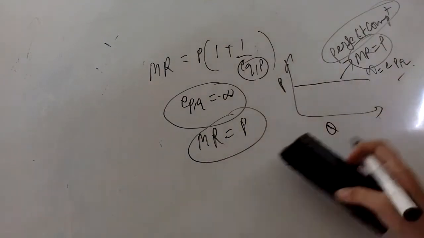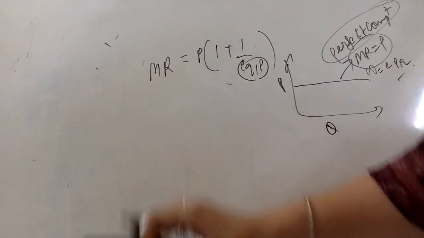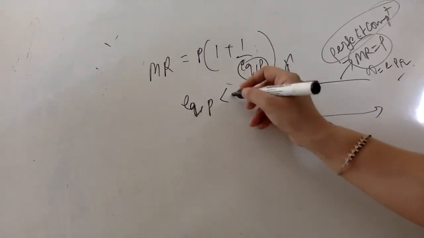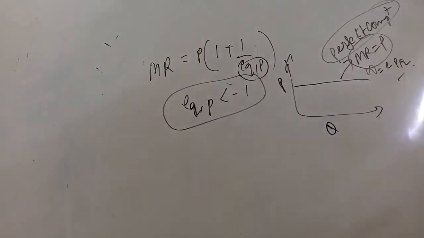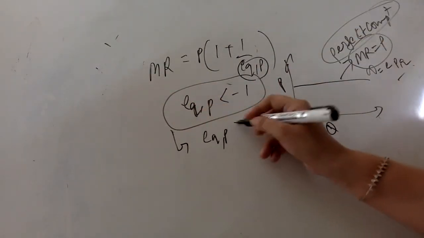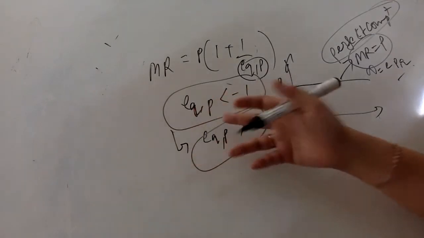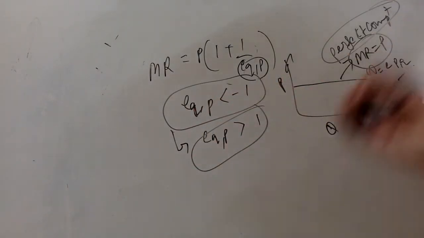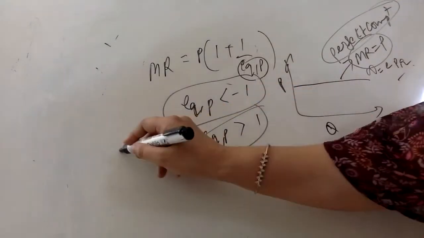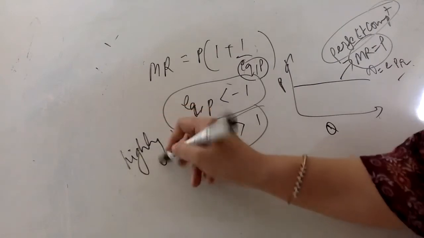Now I'll explain when elasticity is less than minus 1. It means demand is highly elastic. Since it's a negative value, if I compute the elasticity and it is less than minus 1, it means demand is highly elastic in nature.